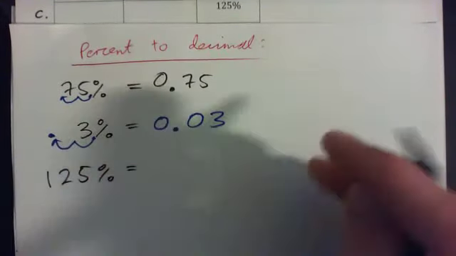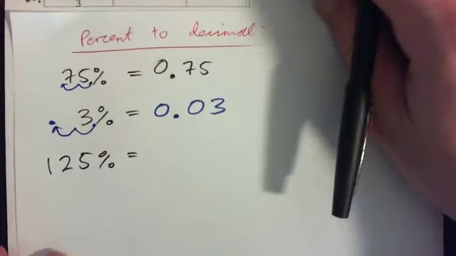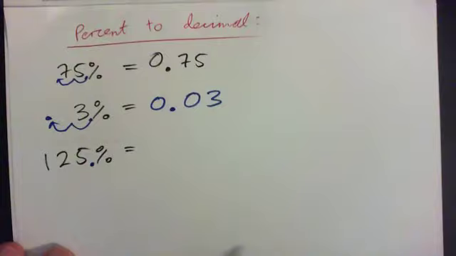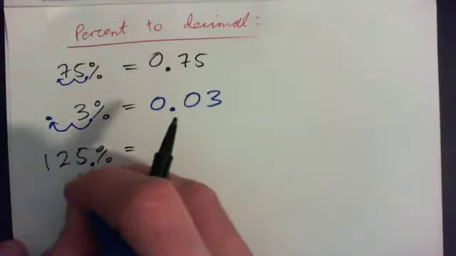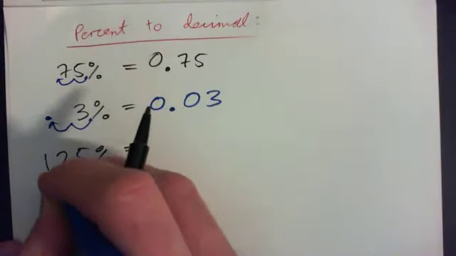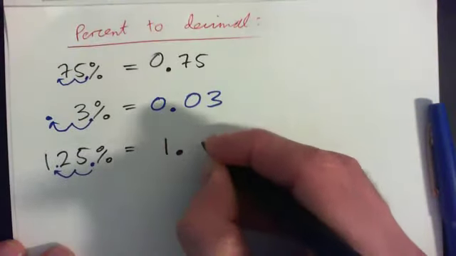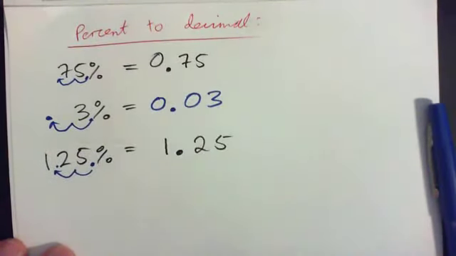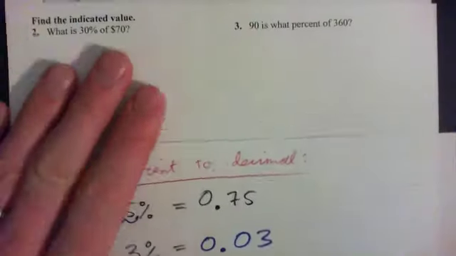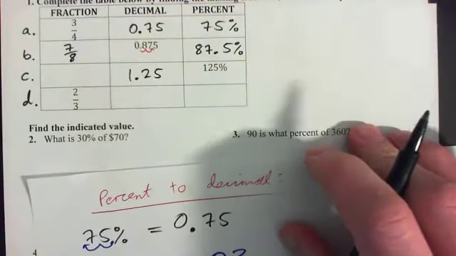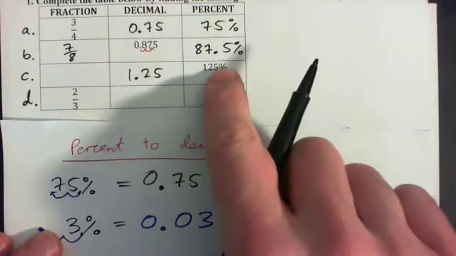How do we convert that to a decimal? You got to move the decimal point how many spaces to the left? 1, 2 spaces, and leave it right there in between the 1 and the 2. 1.25 is the answer, right? 1.25. Okay, and that's converting percent to decimal.